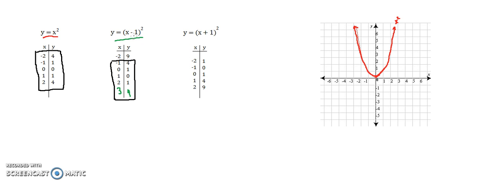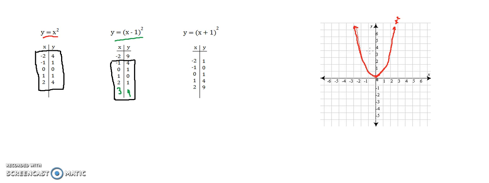So think about what that does to the graph. If you take all of the points on a graph and you add 1 to the x value, picture that in your head, that should move us to the right by 1. So this should move all of our points to the right by 1. So let's go ahead and graph them and see what happens. Let me go back to my green.